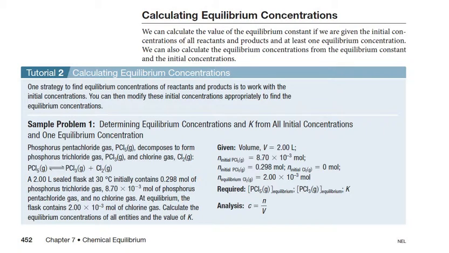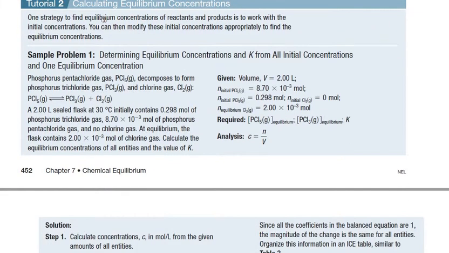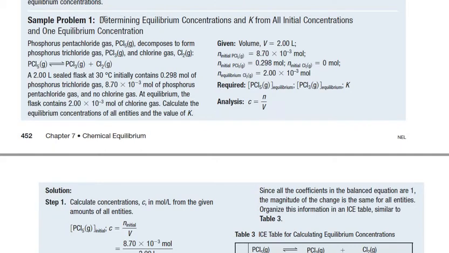We can also calculate the equilibrium concentrations from the equilibrium constant and the initial concentrations. Sample problem 1: determining equilibrium concentrations and the K value from all initial concentrations and one equilibrium concentration.